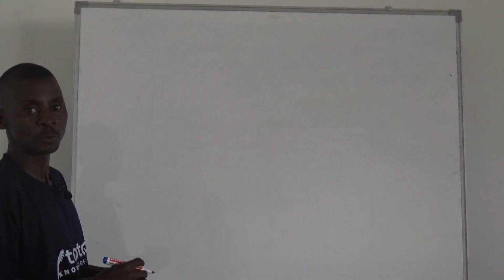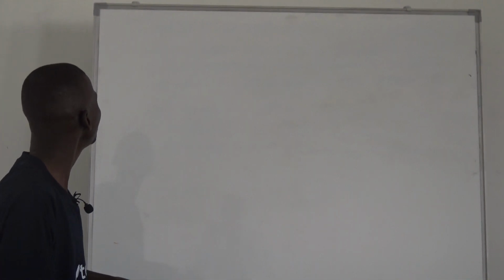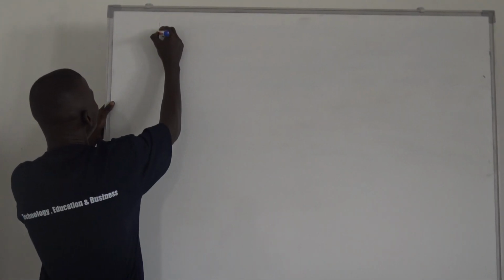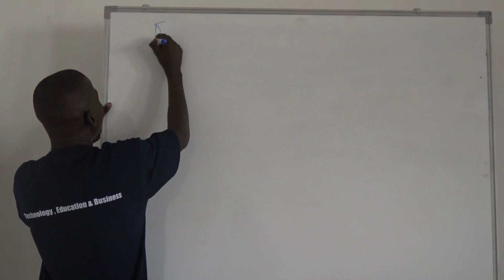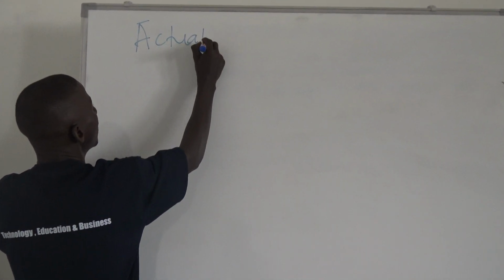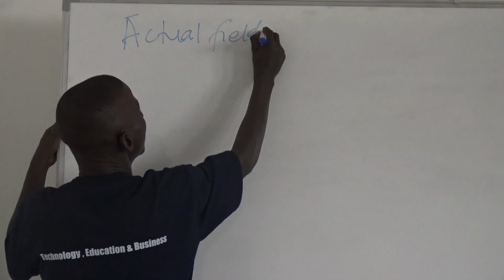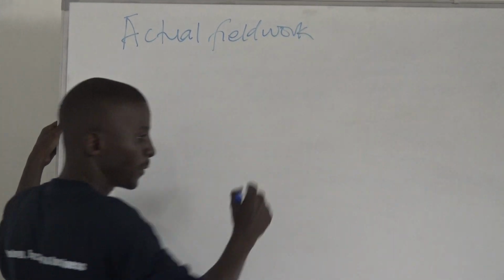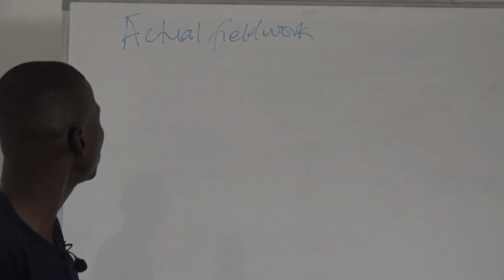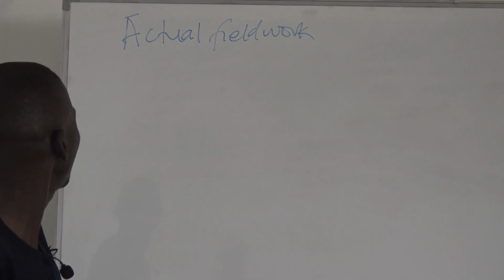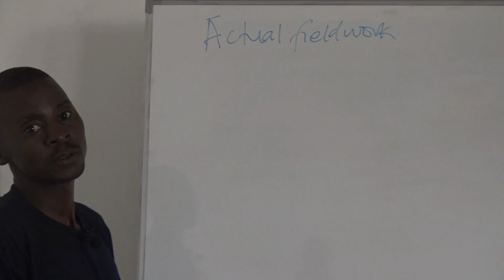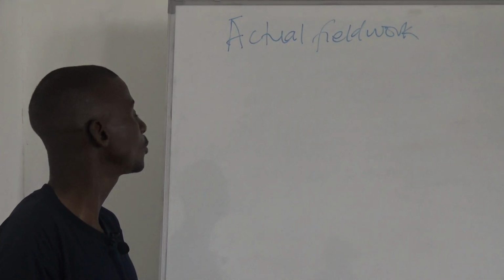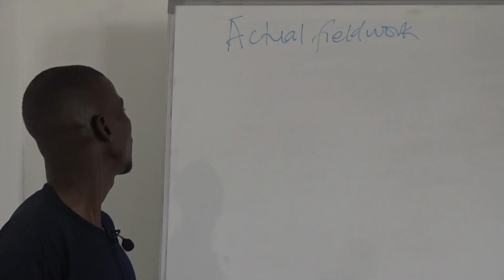As we continue with our topic of fieldwork, we are going to the second stage of fieldwork, called the fieldwork excursion, or actual fieldwork. After preparing, you have made your topic, you have made your objectives, you have carried out the pre-field preparations, all is done, then you are set, you are ready to take the whole group for fieldwork.